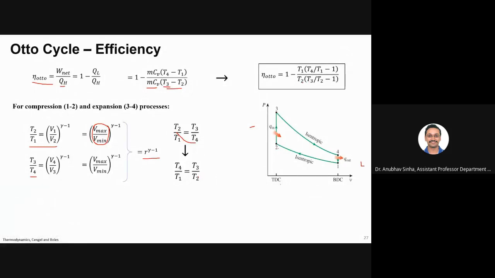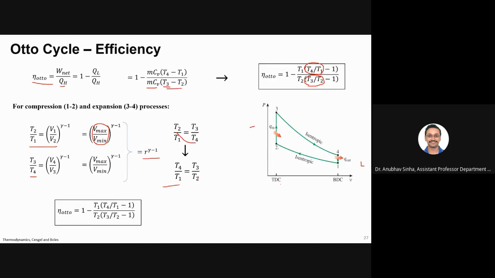Here, can you see T4 by T1? Yes, sir. That is why we did rearrangement. And we also see T3 by T2.